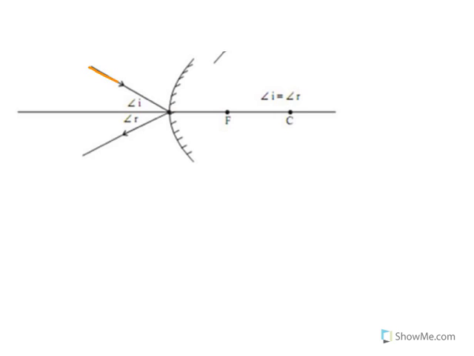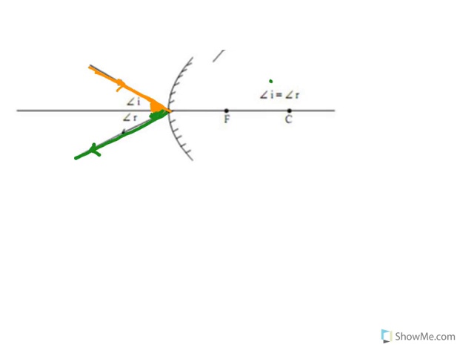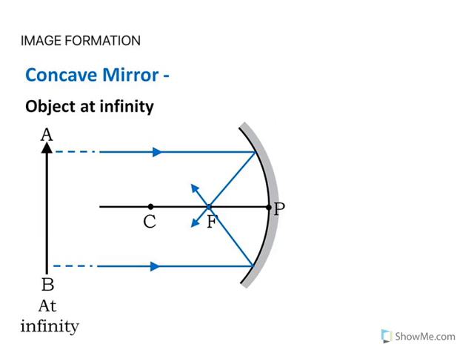Same thing for the convex mirror. If a ray is incident on the convex mirror, after reflection it will move away. But always the angle of incidence will be equal to the angle of reflection.